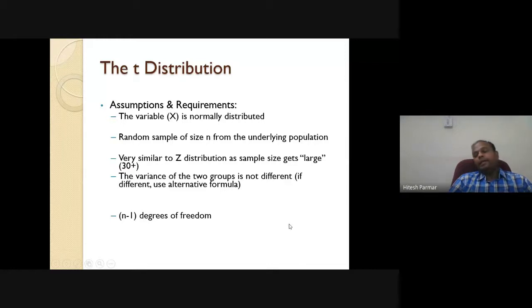And there is n minus 1 degree of freedom. Now the concept of degree of freedom, why is it n minus 1? Because say for example, there is a cricket team and your job is to give fielding positions to each of the players. You are the captain, and one by one you are giving fielding positions.